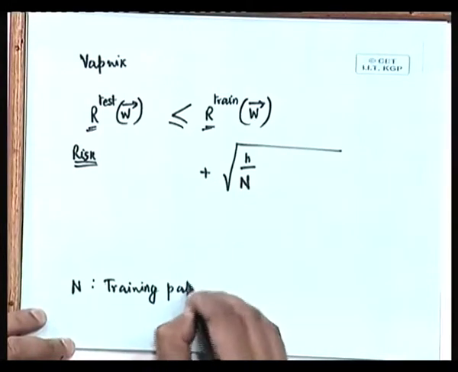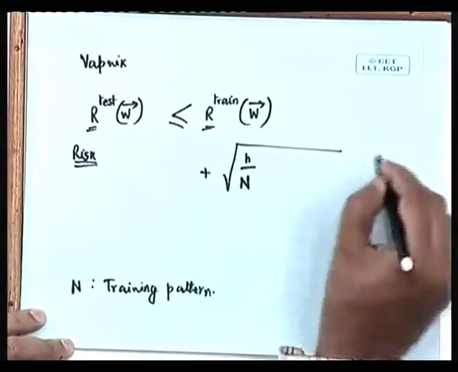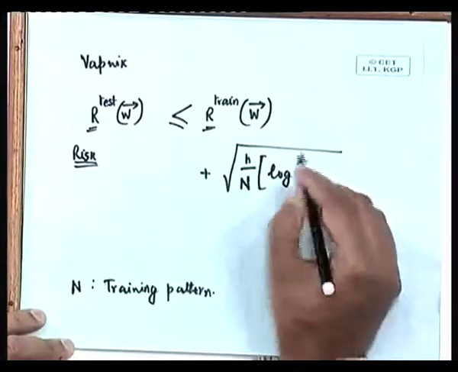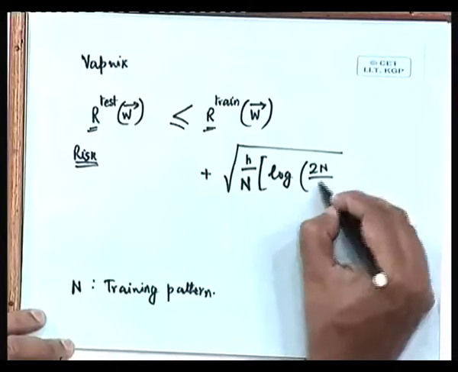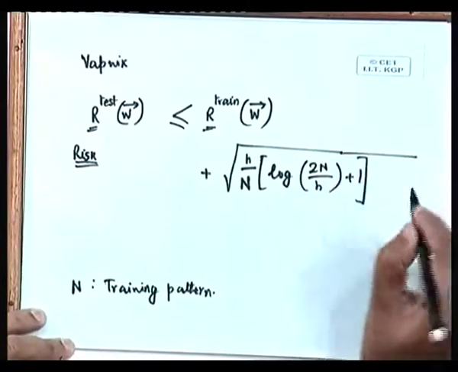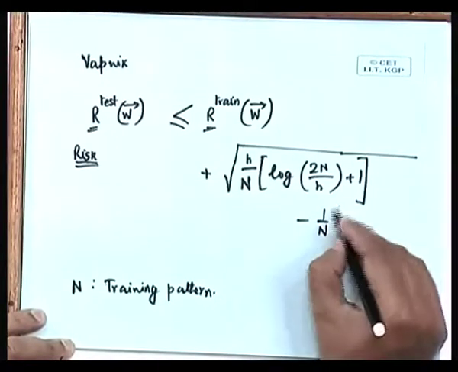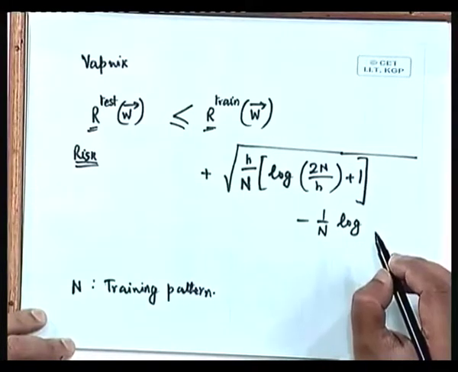So the expression that we are rewriting now is square root of H by N, bracket, log of 2N by H plus 1, the square bracket closes here, minus 1 by N log of, in fact I was yesterday telling it as eta by 4, again some confusion about our nomenclature, because eta was the learning rate.